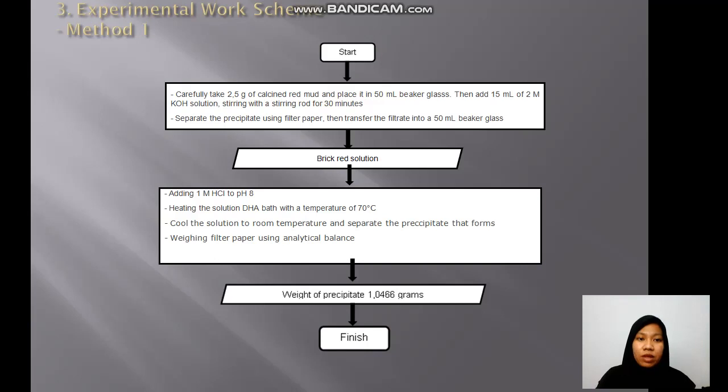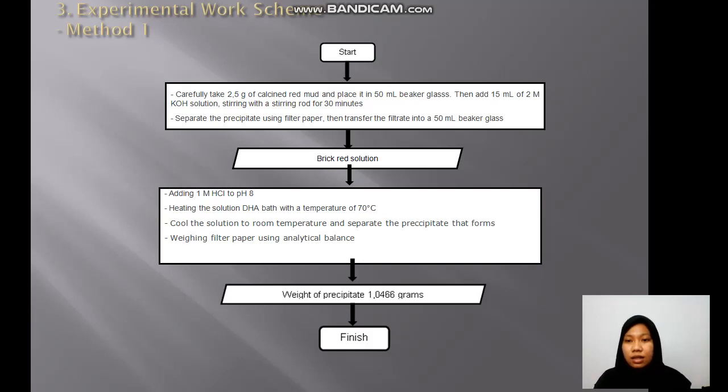Experimental work. Method 1. Start. Carefully take 2.5 grams of calcined red mud and place it in a 50 ml beaker glass.